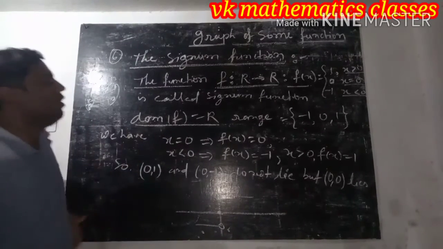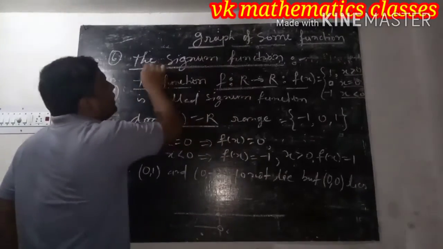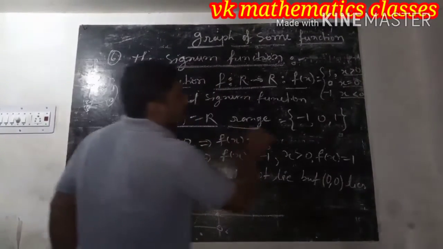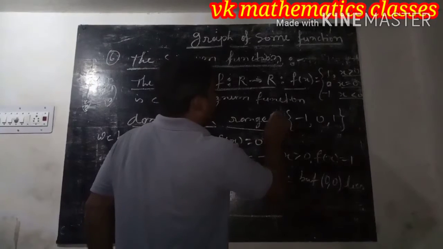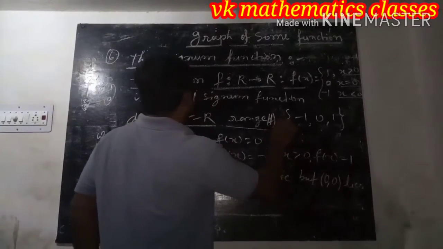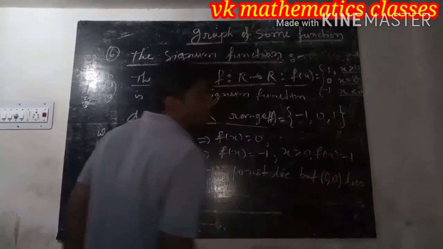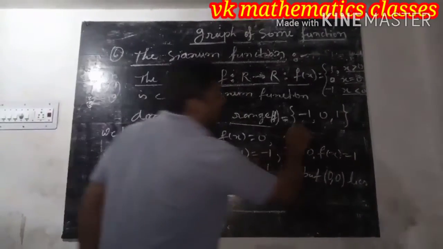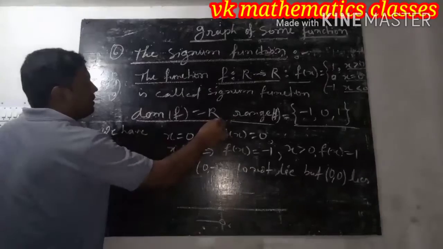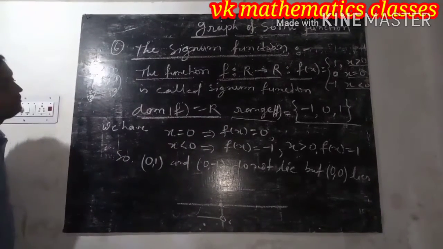So the range of the signum function is the set {-1, 0, 1}. This is the range of the function and this is the domain of the function.